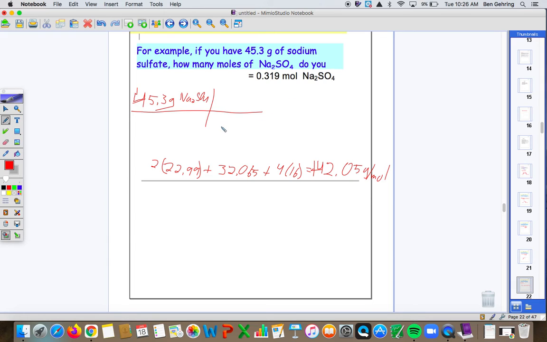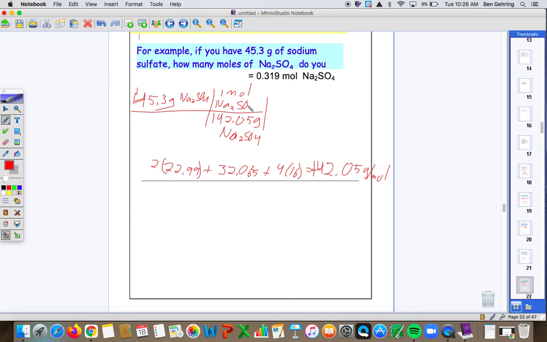Okay, so grams is on top right now, so I need to put my 142.05 grams of Na2SO4 on the bottom. 1 mole goes on top.